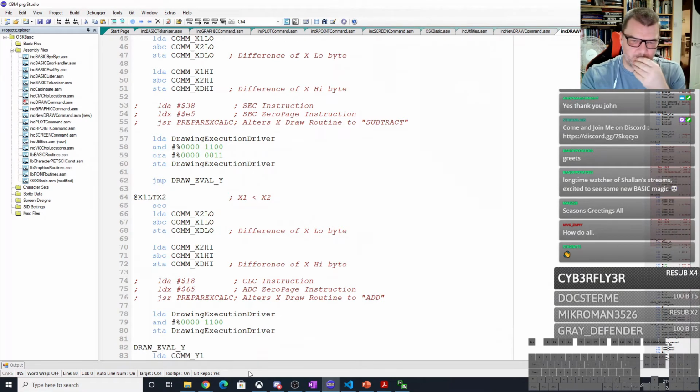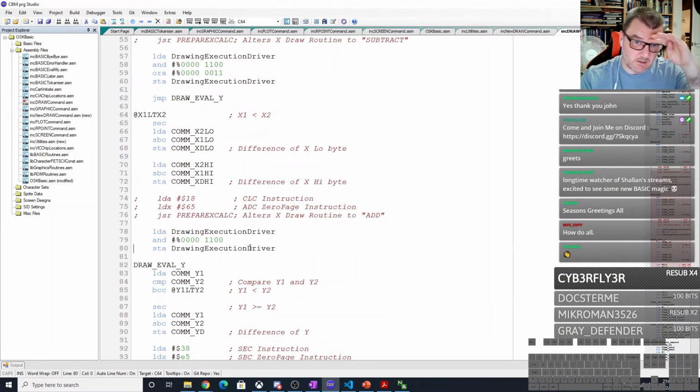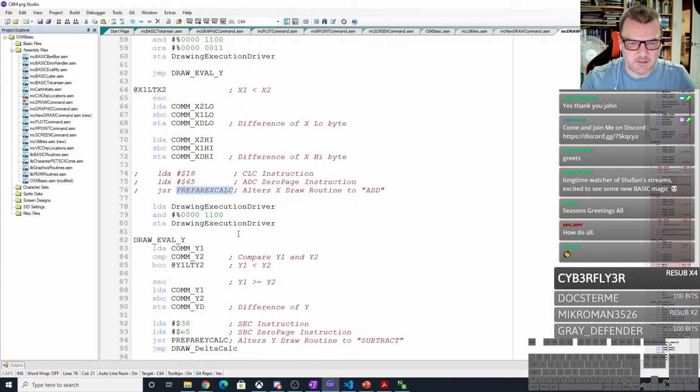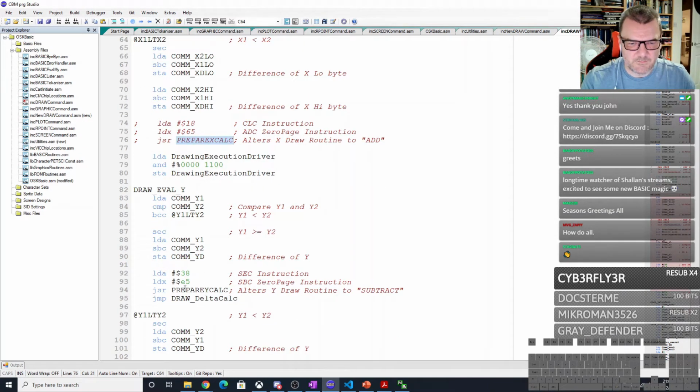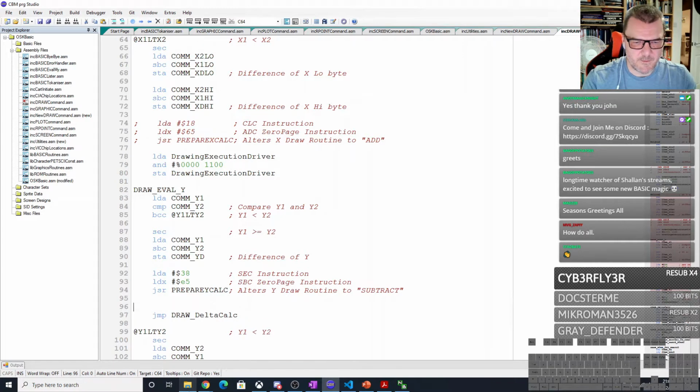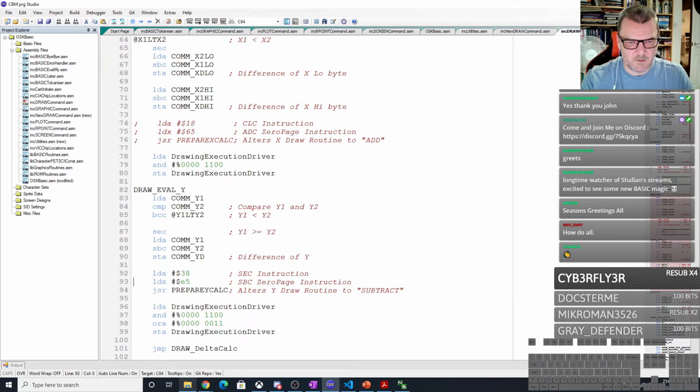Don't need to worry it, because 0 is add, 1 is subtract, and that's the X, prepare the X. Okay, now we're on the Y, so we'll put that in, rem this out, but this time we want to blank out the Y, but we keep the X, and subtract his ones.